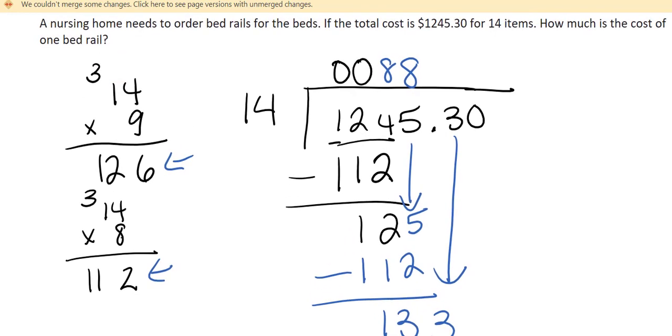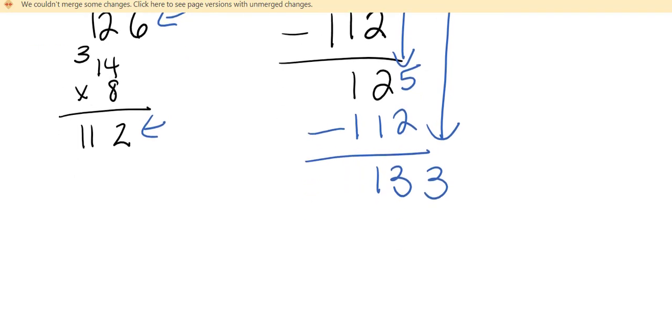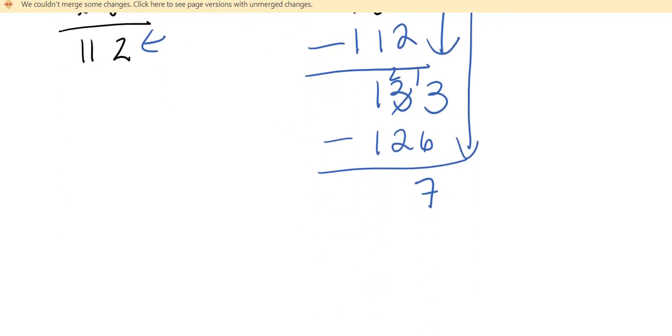Then we bring down the 3. Now we notice that we can go into 133 9 times. So we put the 9 over the 3, we take 126 and subtract. We need to borrow, and we have a 7. Then we bring down this 0, and we have 70.